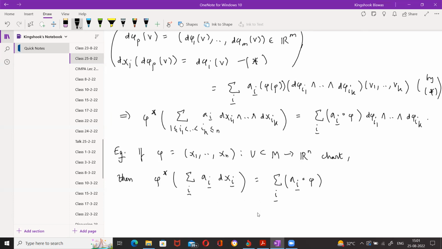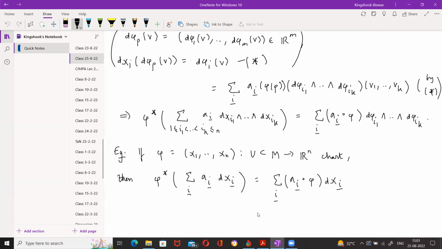So I'll get just dx I bar. Okay. So, I mean, I'm abusing notation here. In the left-hand side, these dxi's mean the differentials of the coordinate functions on Rn. Whereas on the right-hand side, these dxi's mean the coordinate functions on M, on the chart in M. Is it clear? So I'm abusing notation here.